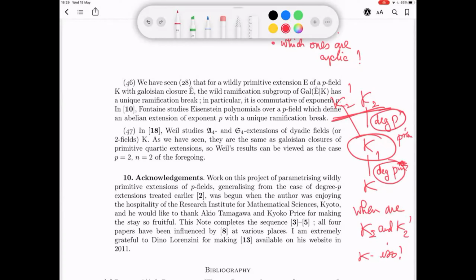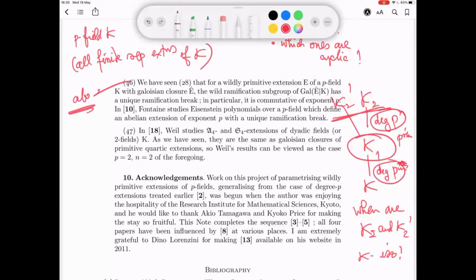So there are various questions which arise, and the general theme is going to be, given a p-adic field K, write down all finite separable extensions of K. Now, if you are interested in abelian extensions, class field theory does it. If you are only interested in tamely ramified extensions, in one of the lectures we have done it.